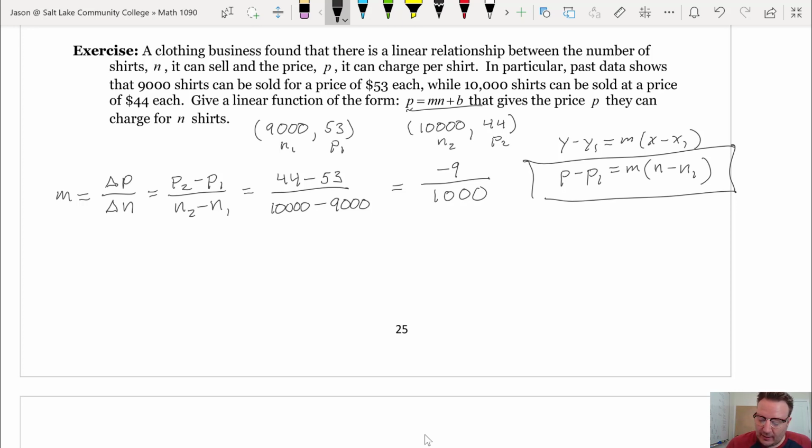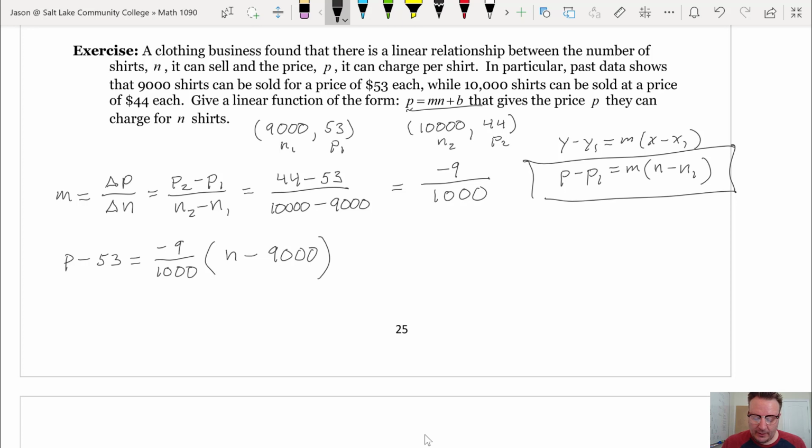Okay, so let's plug in, I'll do it over here. p minus p1, that's 53. This is equal to the slope, which is negative 9 over 1,000 times n minus n1. n1 is 9,000. All right. Now we need to simplify this and solve for p.